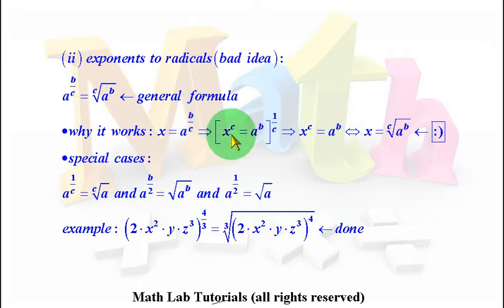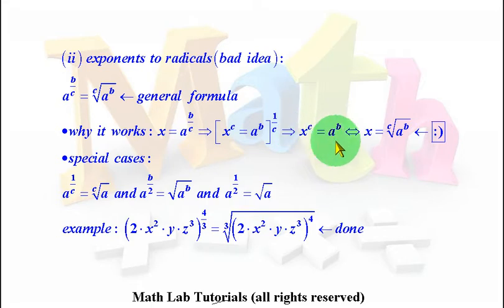There it is. Okay, that in turn implies, if this to the power 1 over c is equal to this, it must mean that the inside must be equal. So we have x to the power c equals a to the power b. And of course, to solve this equation, we really need to take the cth root of both sides.